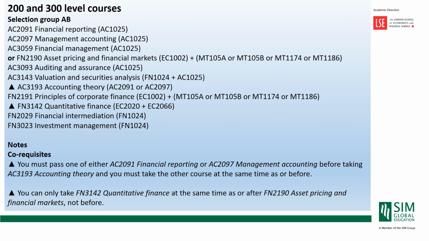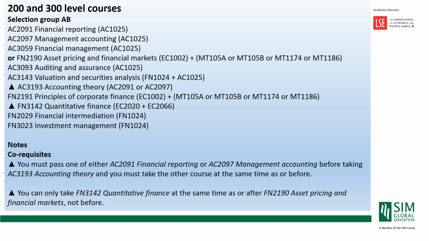And here shows the 200, 300 level courses in the selection group AB. As you can see from here, the AB groups consist of courses in the area of accounting and finance. And take a look at the solid triangle, accounting theory. You've got the 2 brackets, okay?